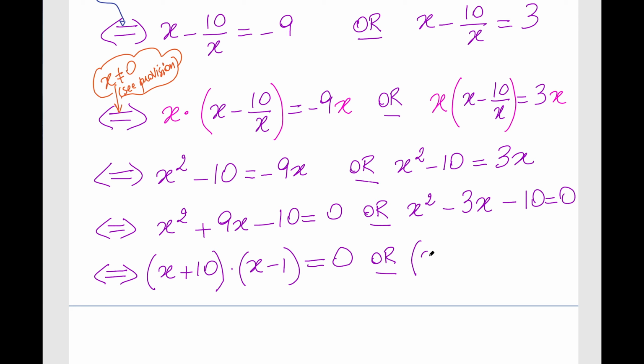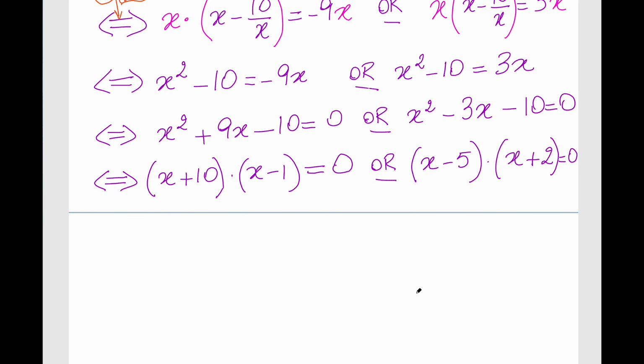So we're going to get x minus 5 times x plus 2 equals 0. All right, and that's equivalent to, for the first equation, by the zero factor property. I forgot to label these. So the zero factor property, and here the quadratic formula.